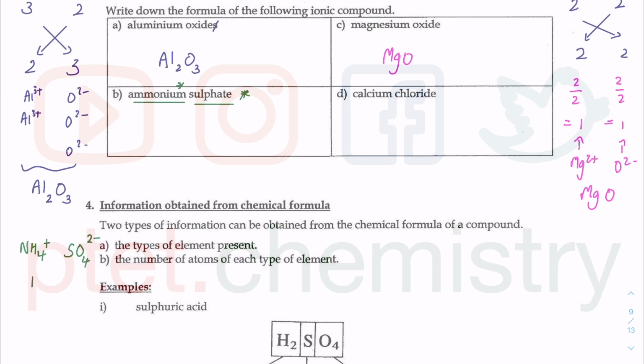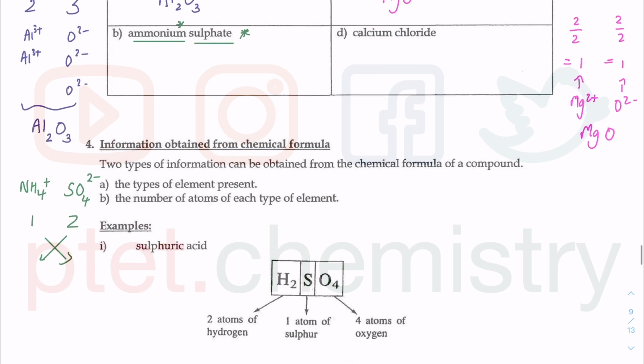The valency follows the charges. The charge is plus 1. That's why they don't write 1 there, they just write plus. So the valency is 1. The valency of SO4 2- is 2 because you follow the charge, which is 2 minus. What you do then is you cross multiply, or they say crisscross. So the 1 on the left goes to the right, and the 2 on the right goes to the left.